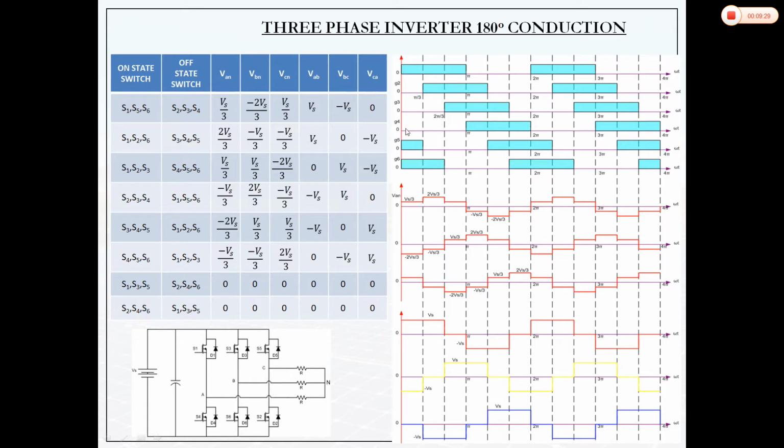Similarly for G4, you have to shift G3 by 60 degrees. Similarly for G5, you have to shift G4 by 60 degrees. You can see here that it is pi plus pi by 3. For pi radian, or 180 degrees, it is off. So you will get a pi by 3 pulse here.